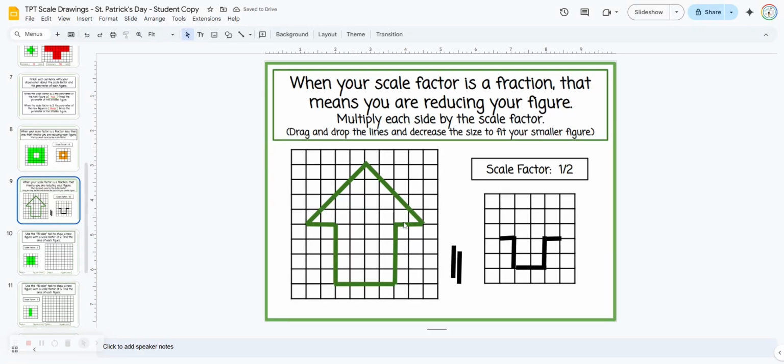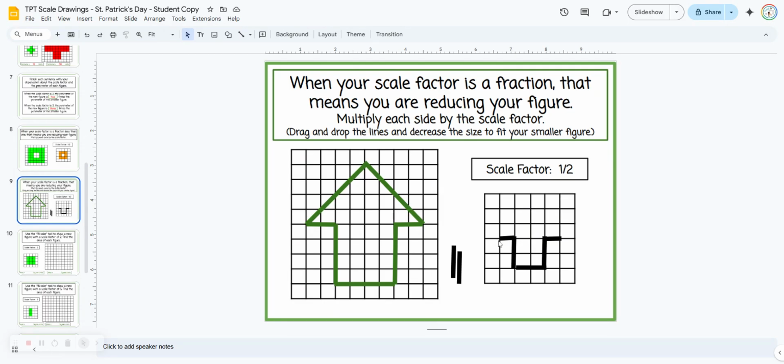Now, the next thing we want to do is find the tip of that arrow. So if we count up from the bottom, we get 1, 2, 3, 4, 5, 6, 7, 8 units from the bottom all the way up to the tip of that arrow. So if we divide by 2, 8 divided by 2, it'll now be 4 units up to the tip of that arrow. So 1, 2, 3, 4, the tip will be here.